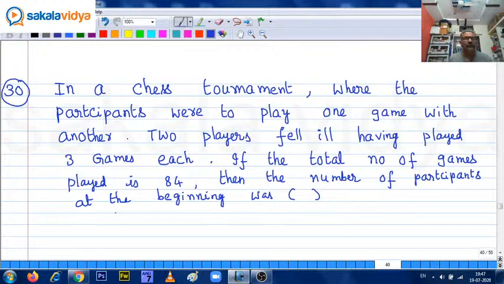First option is 13, second option 14, third option is 15, fourth option is 10.